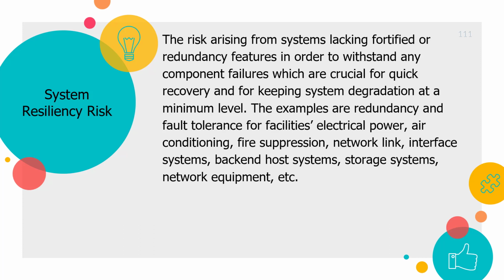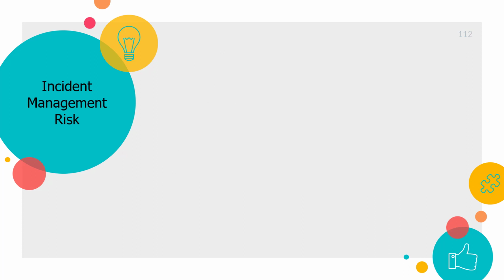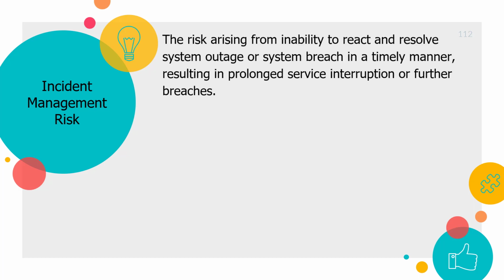The examples are redundancy and fault tolerance for facilities, electrical power, air conditioning, fire suppression, network link, interface systems, back-end host systems, storage system, network equipment, etc. Incident management risk, which is the risk arising from inability to react and resolve system outage or system breach in a timely manner, resulting in prolonged service interruption or further breaches.